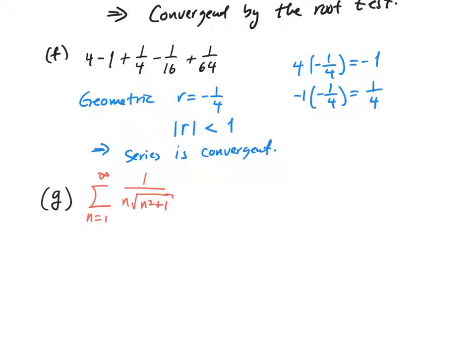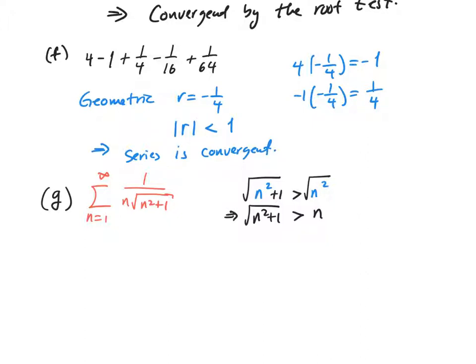In part G, the best method to use is the comparison test. So let's start like this. Notice that obviously n squared is equal to n squared, right? So if we add 1 to this, obviously it will be greater than n squared. Also, if you take the square root on both sides, that means the square root of n squared plus 1 should be greater than n.